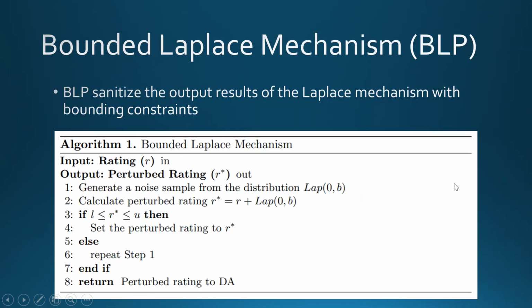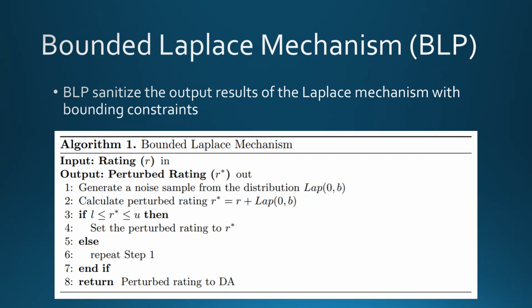First we will go through the perturbation mechanism, which is the bounded Laplace mechanism. The bounded Laplace mechanism is a bit different from the Laplace mechanism because it sanitizes the output results. It has a bounding constraint, so it does not simply perturb the rating in the first instance.